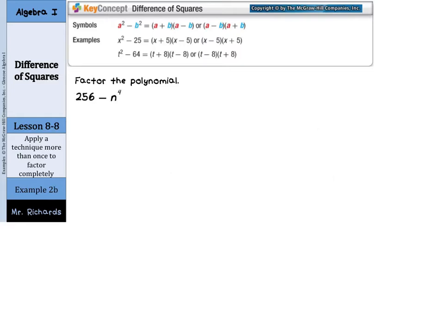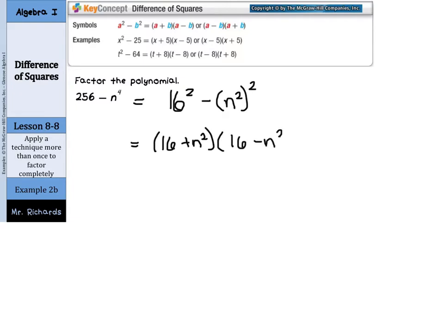What about 256 minus n to the fourth? Let's start off by writing this in our a squared minus b squared form, which is 16 squared minus n squared squared, which then is 16 plus n squared times 16 minus n squared.